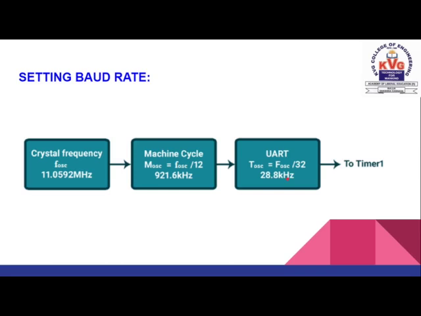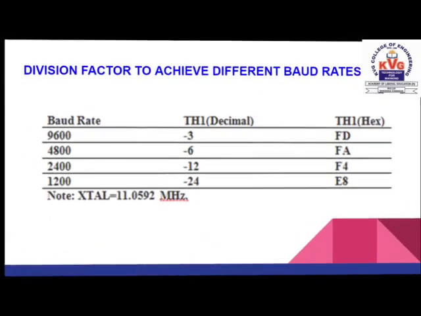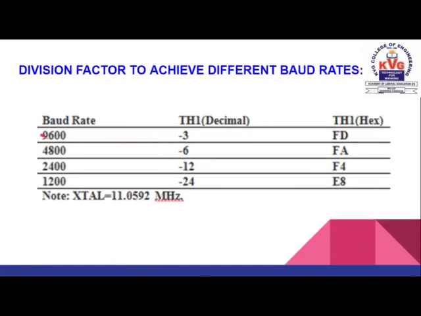To achieve a baud rate of 9600, again the 28,800 Hz frequency should be divided by 3. This is achieved by using timer 1 in mode 2, which is the auto reload mode, by putting 253 or FD in hexadecimal in the TH1 register, which is an 8-bit register.